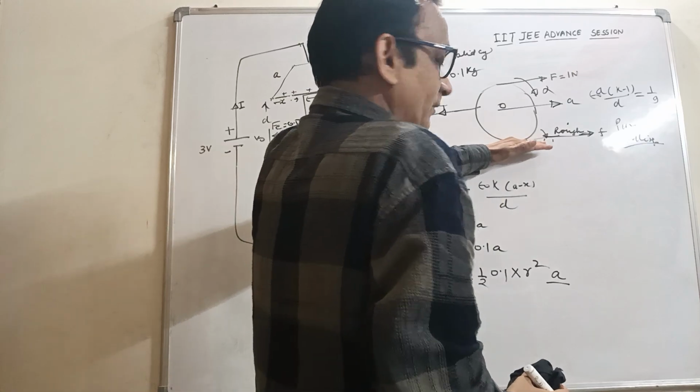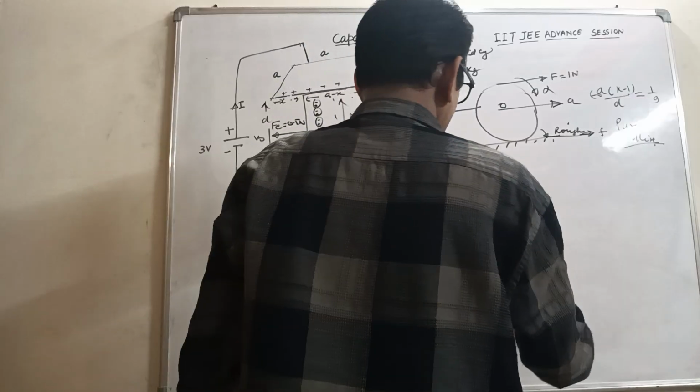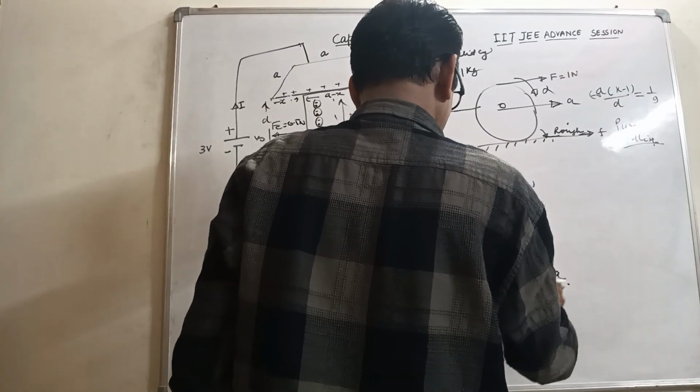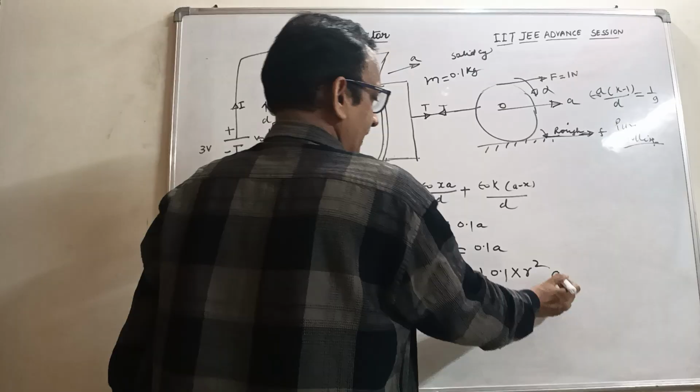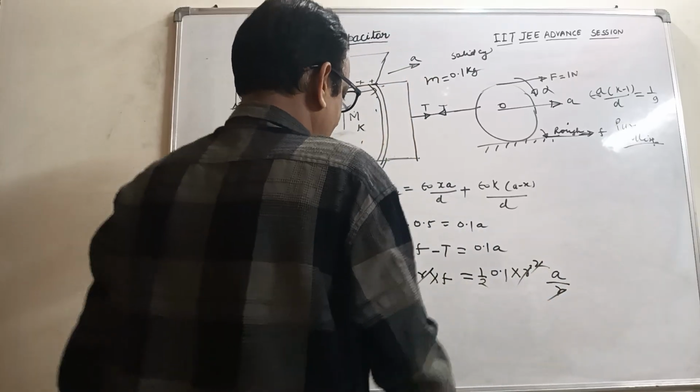Because the surface is at rest and pure rolling is here, we can write alpha is equal to a by r, r cancels out.